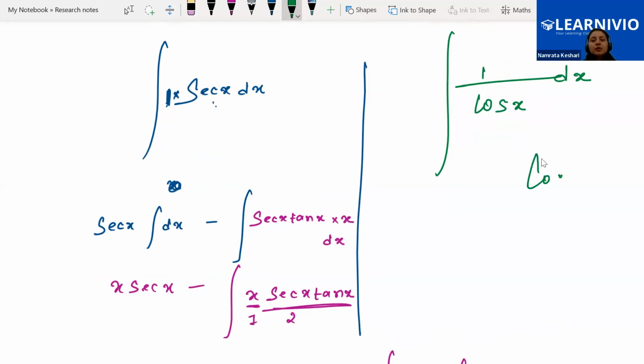If we take cos x as u, then the derivative is minus sin x dx equal to du, right? Yes, ma'am. If we apply the previous logic, then what will it become? Let's check the last possibility also.